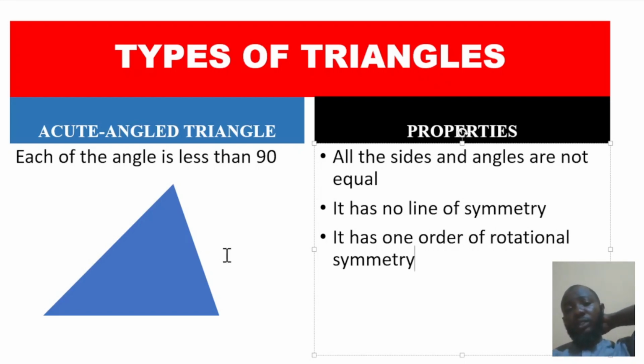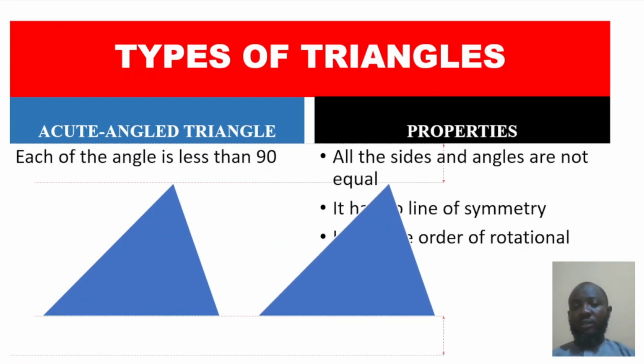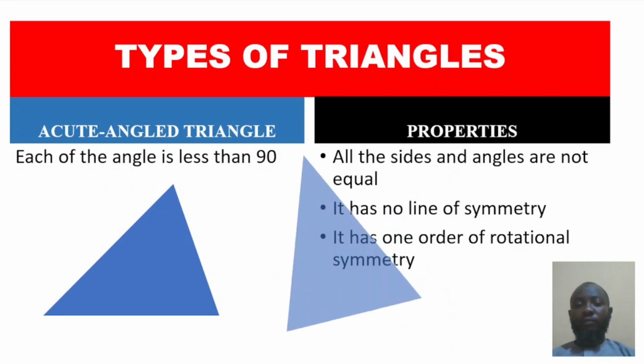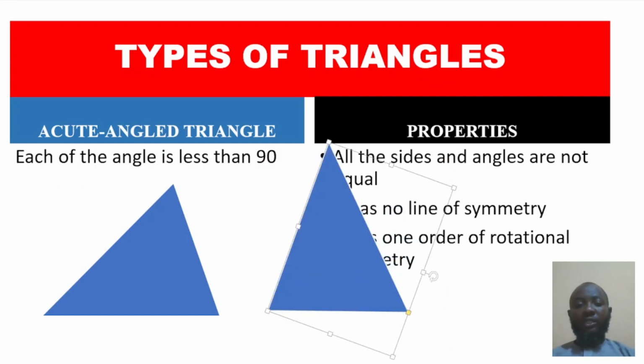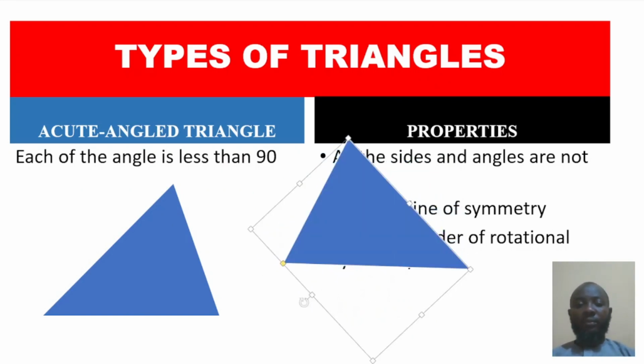So you can only rotate it once and it comes back to the original position. Let's try that out and see what we have. It's better for us to see it with our eyes. So this is the first one. First rotation, you can see it's not the same thing. Second rotation, you can see it's not the same thing.